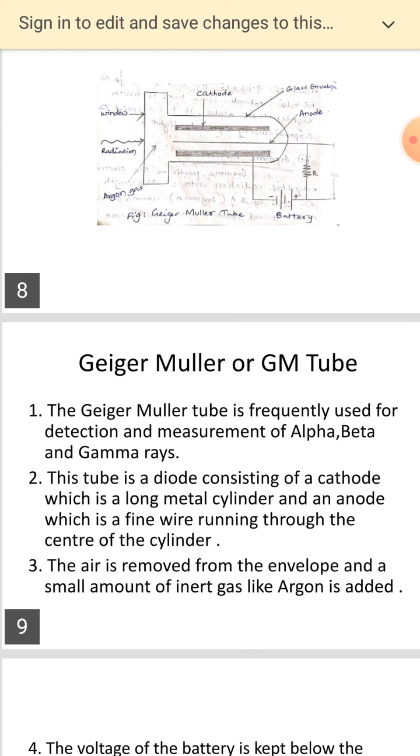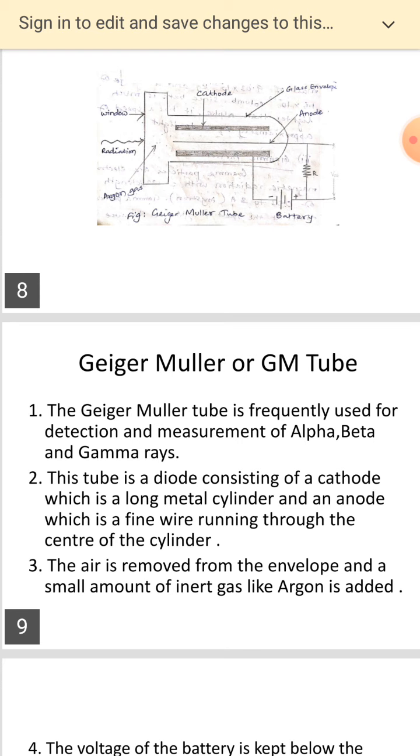The voltage of the battery is kept below the ionization potential. So what is ionization? It is the energy necessary to remove an electron from the neutral atom, or required to remove the most loosely bound electron, that is the valence electron, and is called the ionization potential of the gas.